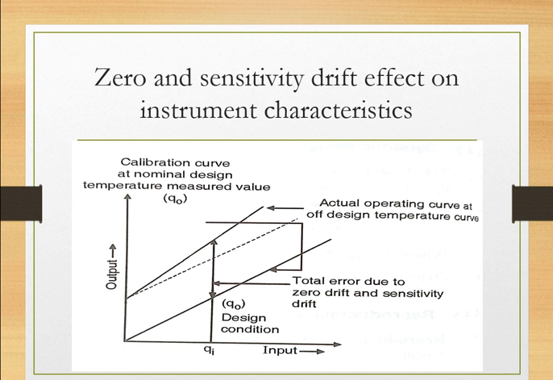Of course it cannot be completely eliminated, and we observe that error or drift over a period of time. So that's why calibration is needed, no doubt. But there are some other adjustments or arrangements that we can make here.